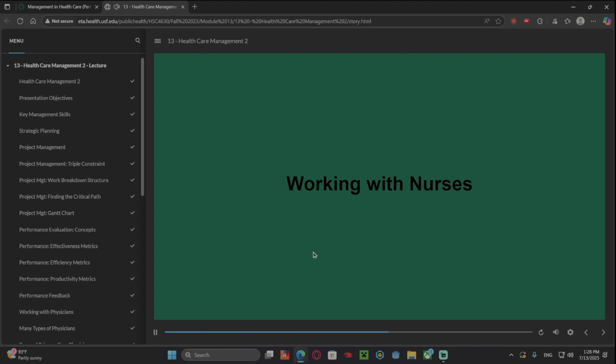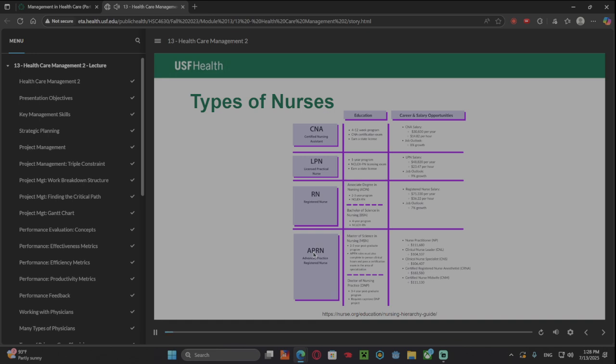Working with nurses. There are many types of nurses. At the lower end of the education requirement are Certified Nursing Assistants, or CNAs. They often do between 4 and 12 weeks of educational preparation, and they have to take a state license.